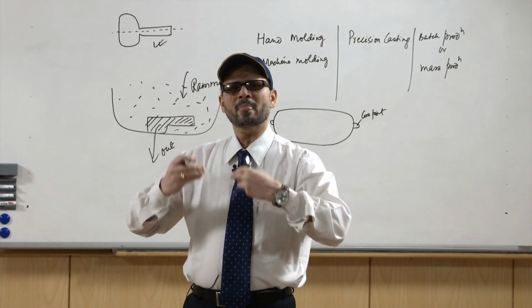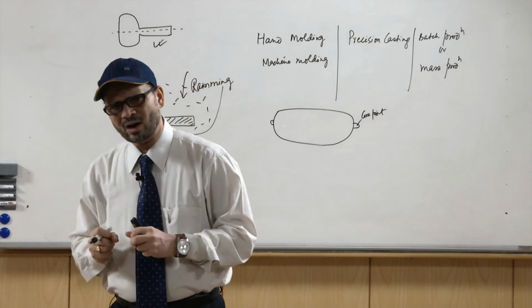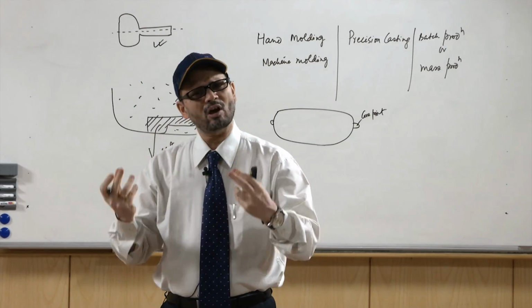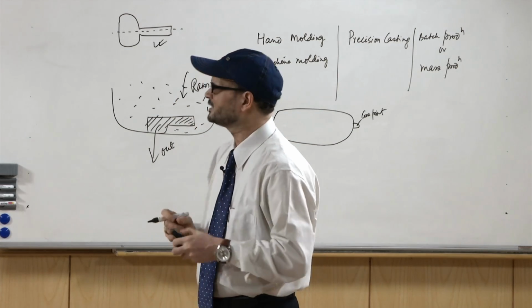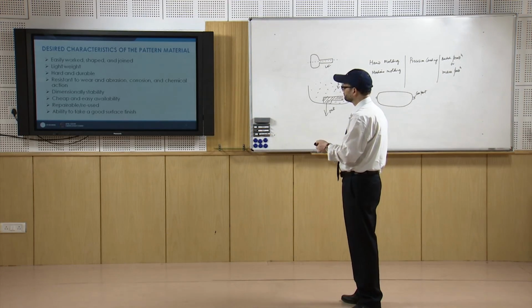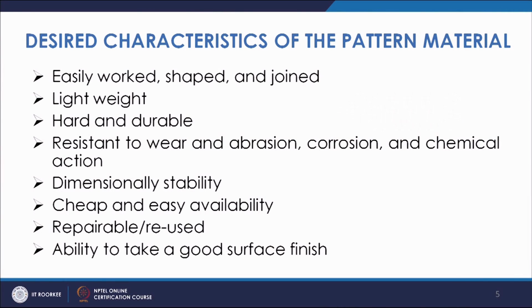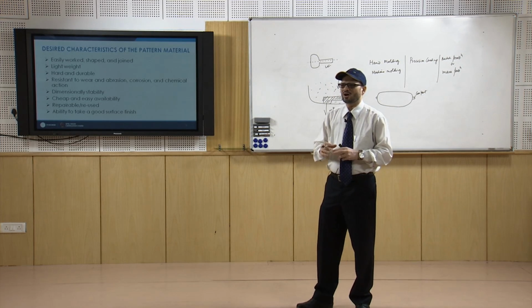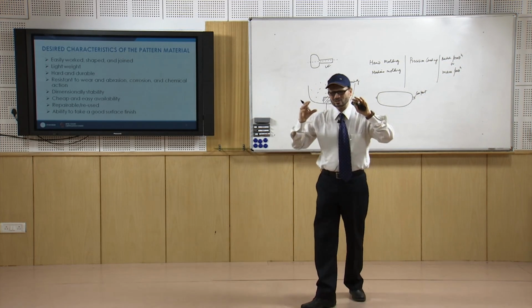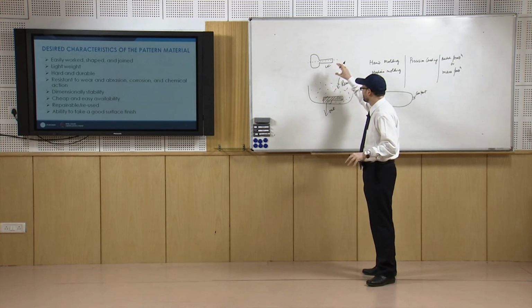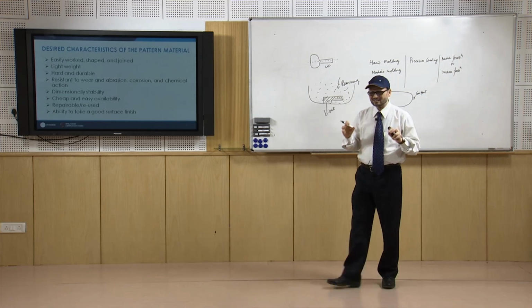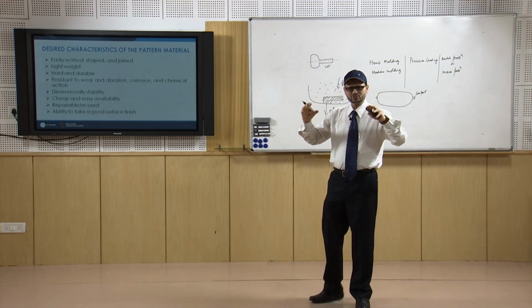If it is a very heavy one, it will create a lot of problems and decrease the productivity of the labor. So, basically it should be lightweight, hard and durable. It should have sufficient strength, so that during handling, even if it falls down, or if there is enough compressive strength on it, or if it is rammed even with larger forces, it is able to sustain that.